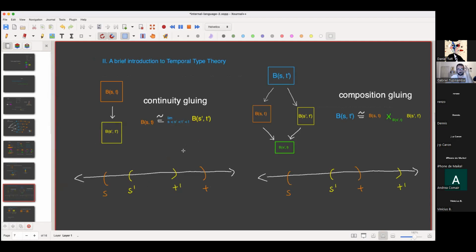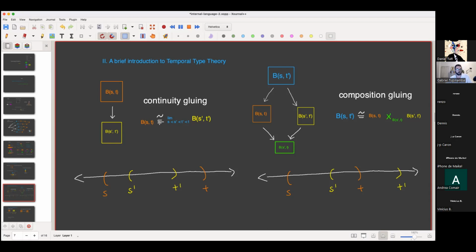So yeah, there's two types of gluing that correspond to basically the pre-sheaf and the sheaf conditions that I just talked about. One is called continuity gluing, which is to say that given any interval of time, for example, this S and T, if you pick out any sub interval, so some time period within the larger orange interval, it should be compatible with any other sub interval, right?